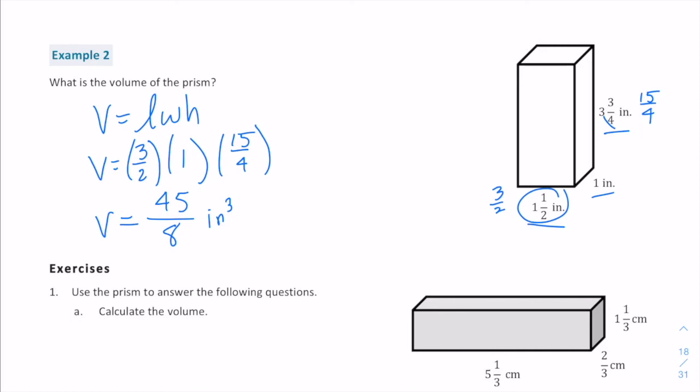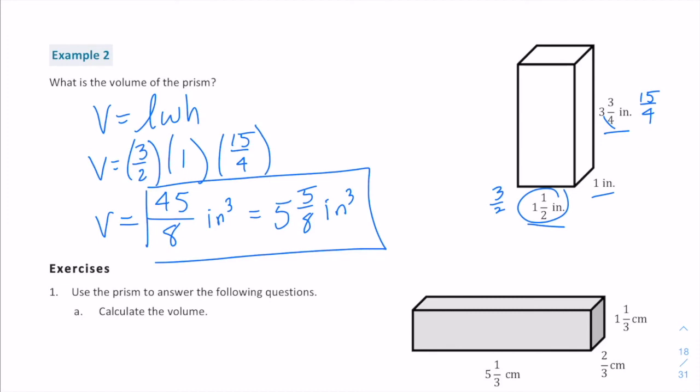So 8 goes into 45 5 times, and would leave us with 5/8 over. So those are our two possible ways that we could represent the volume of this rectangular prism.